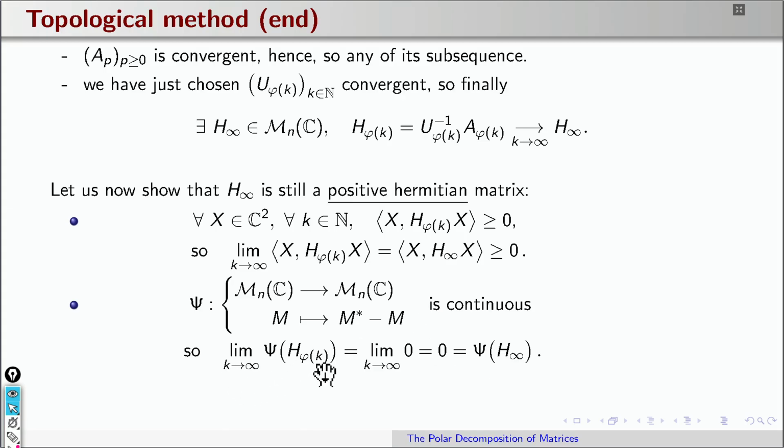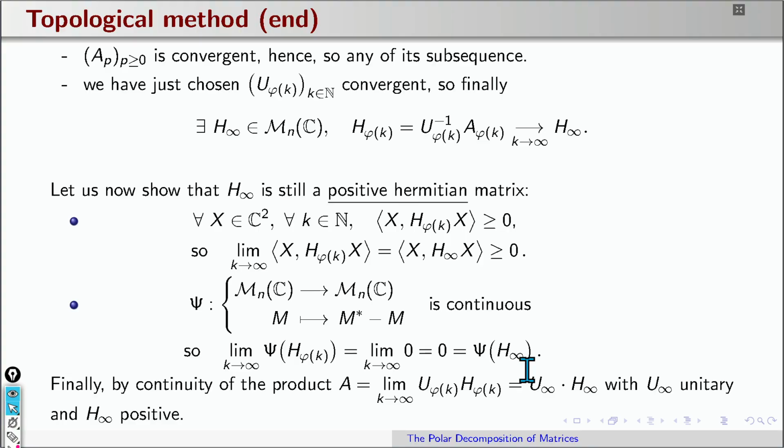You can also do it down to earth. You will have your sequence, because those are self-adjoint, psi of this is the 0 matrix. The limit of 0 is 0. And because psi is continuous, the limit of psi equals psi of the limit. It means that psi of the limit is equal to 0. It means the limit is Hermitian, self-adjoint.